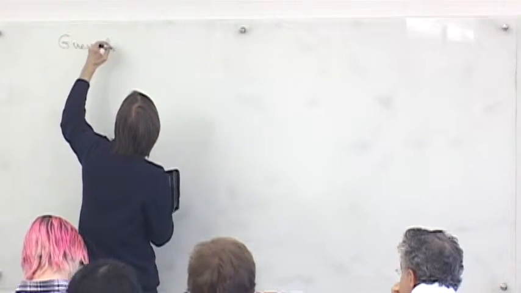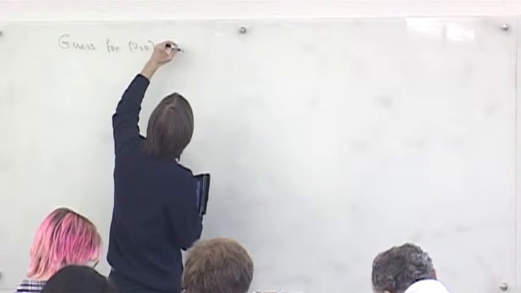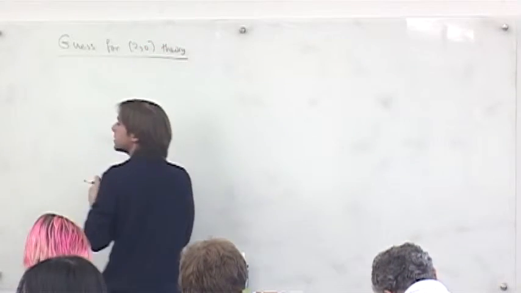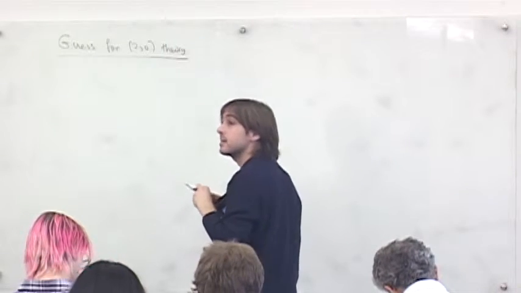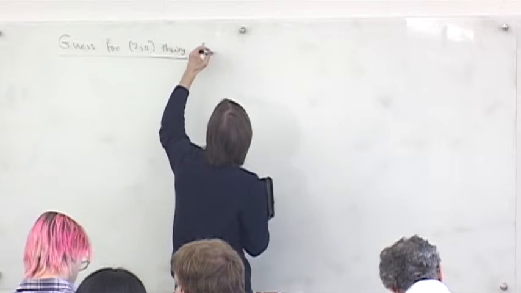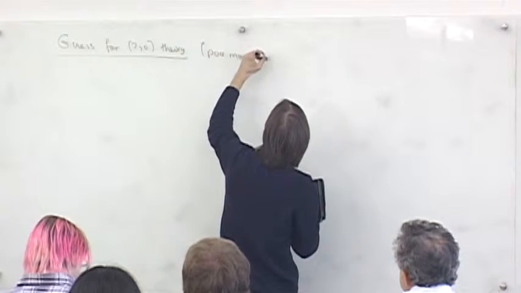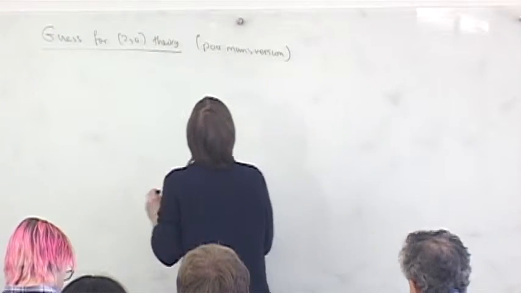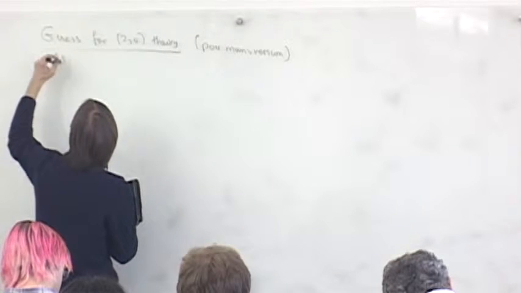Okay. Guess for the zero theory. This is going to be some kind of degenerate version of the twisted theory where you forget some. Yes, exactly. Kind of a poor man's version. Start with the abelian case.